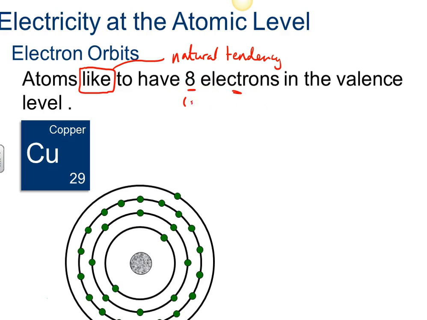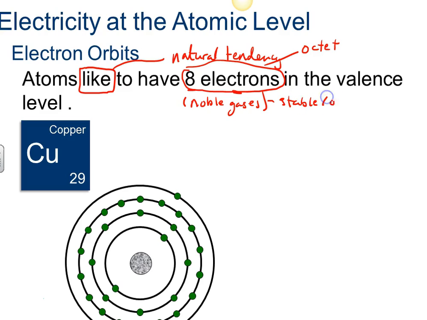This is the same number that all the noble gases, with the exception of helium, would have. 8 electrons, by the way, in case you ever see this term, is known as an octet, a set of 8 electrons. So the noble gases are very stable and low energy, and that's where atoms like to be, low energy and as stable as possible. And 8 electrons for most atoms is going to represent that stable number for their valence level.